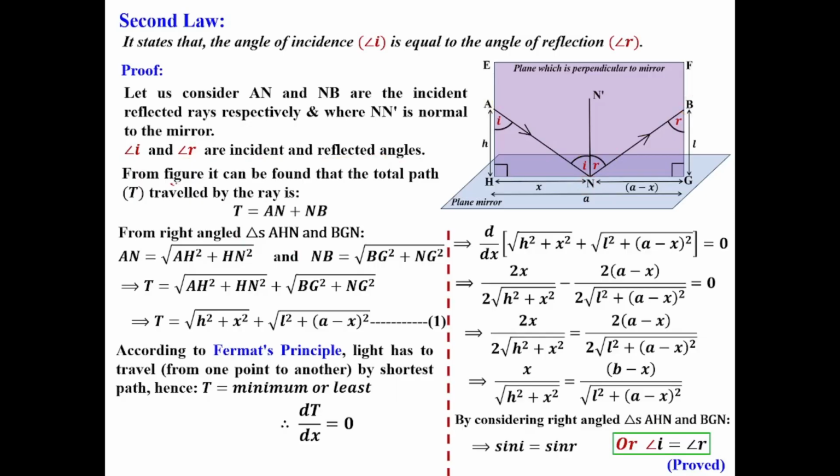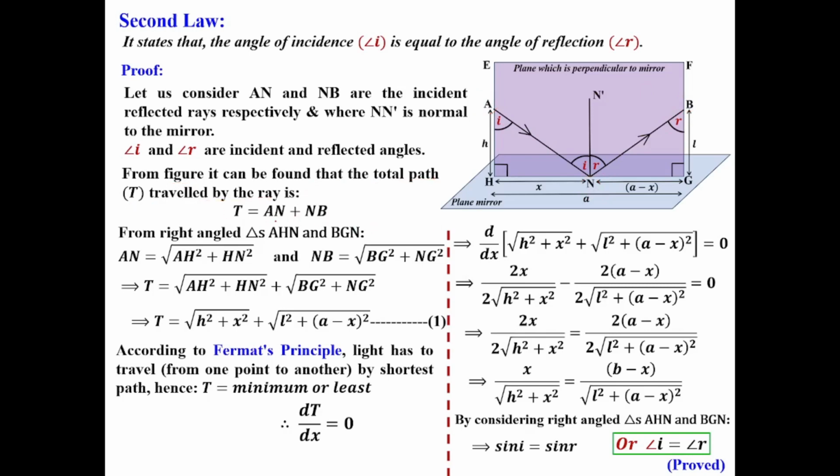Now from the figure it can be found that the total path, let us say T, traveled by the ray is what? The rays came from A and reached B, reflected at N. So the total path will be AN plus NB.